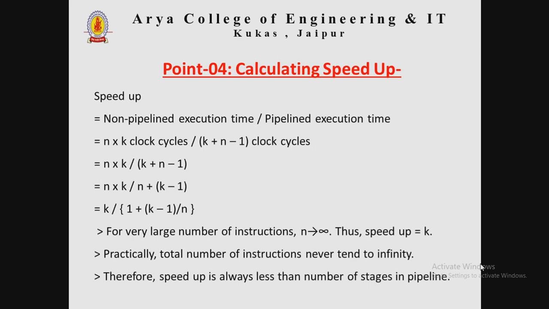For a very large number of instructions, n tends to infinity and the speed up becomes k. Practically, the total number of instructions never tends to infinity, therefore the speed up is always less than the number of stages in the pipeline. So this was our today's topic, instruction level pipelining.